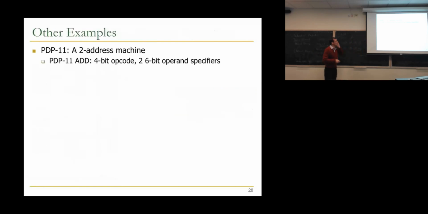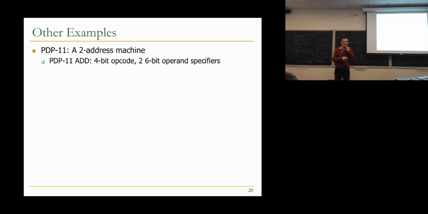OK, there are other examples. PDP, remember the Program Data Processor that I mentioned that actually made Digital Equipment Corporation a really strong corporation in the market. It was a two-address machine, just like x86. Actually, x86 is a two-address machine, too. So PDP-11 add, for example, had a 4-bit opcode and two 6-bit operand specifiers. 6-bit because you had 64 registers.